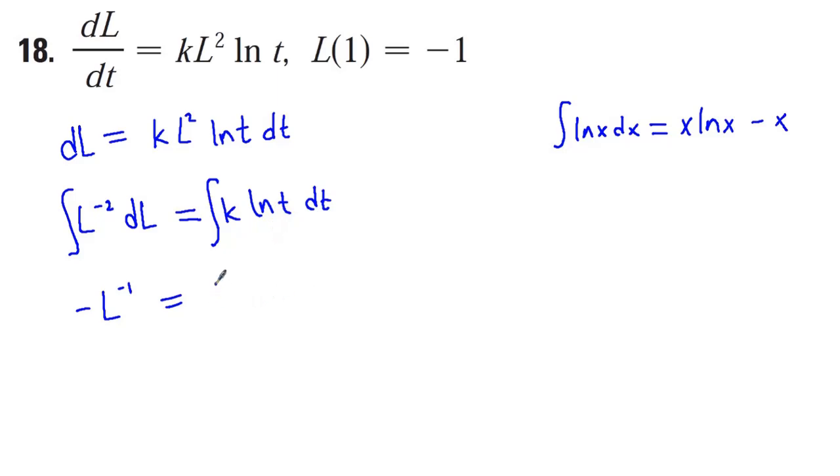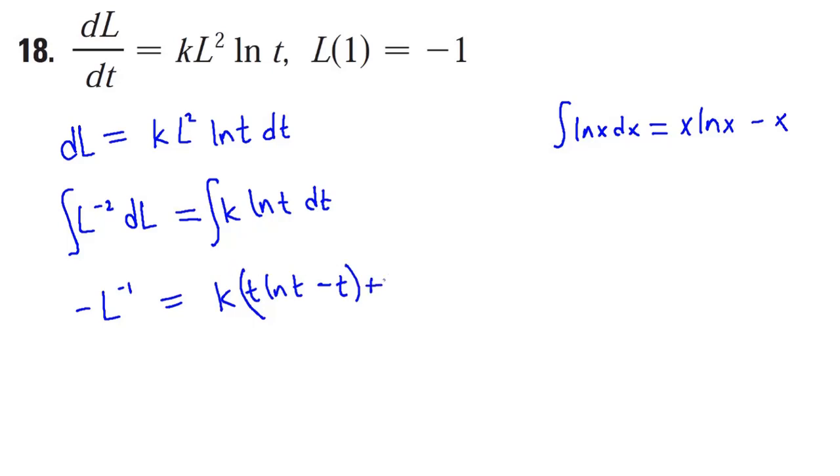Okay, anyway, we get k times t natural log of t, and then minus t. That's all in parentheses. So I'm debating whether I want to keep it in parentheses here. I'll go ahead and do that. Or if I wanted to distribute now. We'll do this though. And of course, plus c, right?